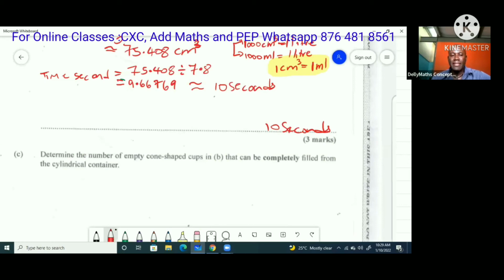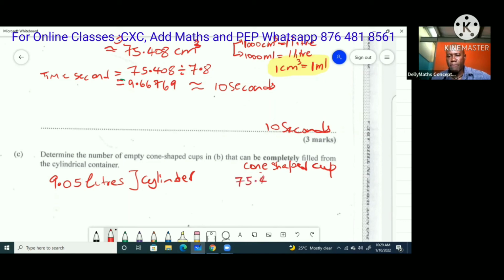Remember that the cylinder has 9.05 liters, whilst one of the cone-shaped cups is 75.408 cm cubed.